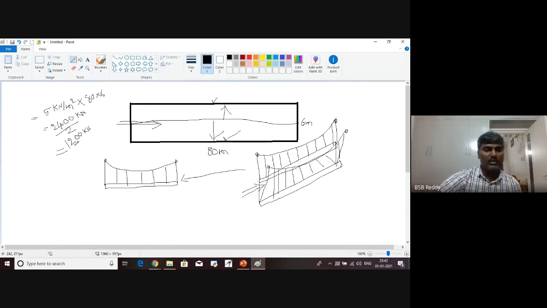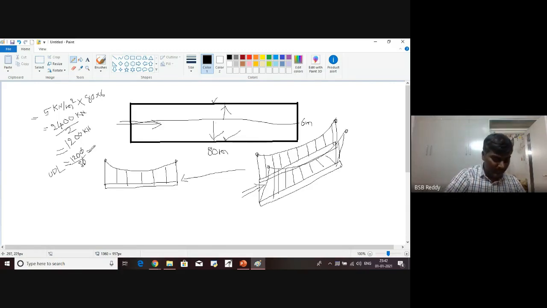And now to convert this to UDL, 1200 divided by the length of the girder, which is 80. So 1200 divided by 80. So 120 divided by 8.